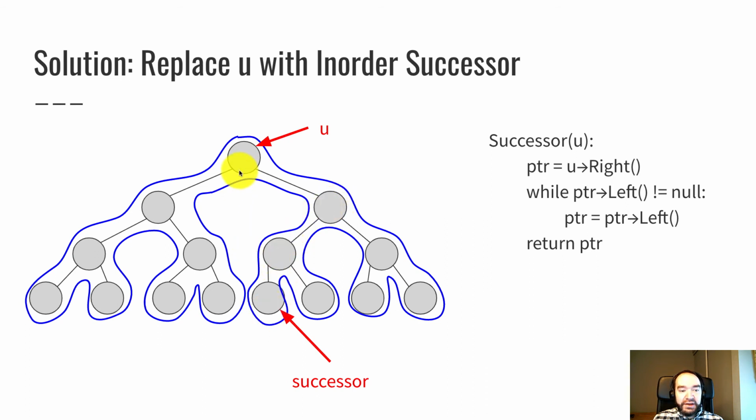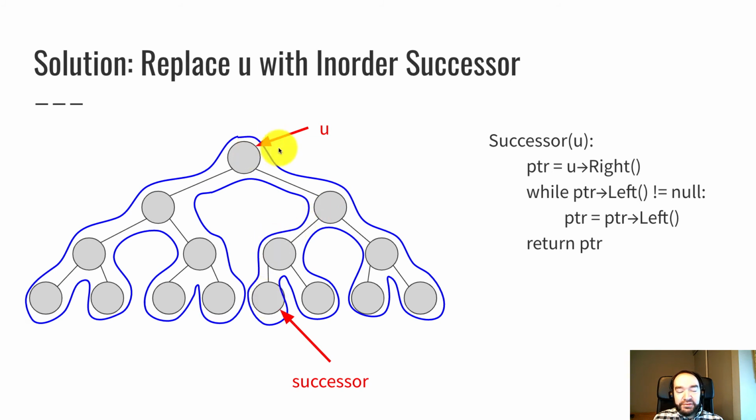Why does that work? Because we want the next node in the in-order traversal. So that would mean we can look at the right subtree of the U. That would be the set of all keys that are greater than U's key. That's how right works. And then if we go left, that would get us the smallest element in that subtree.